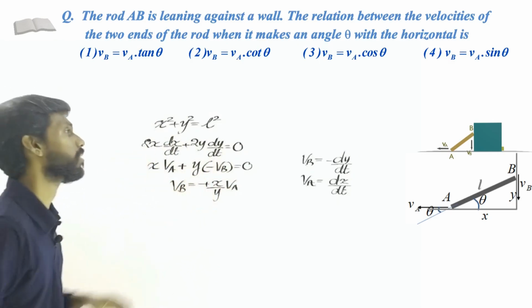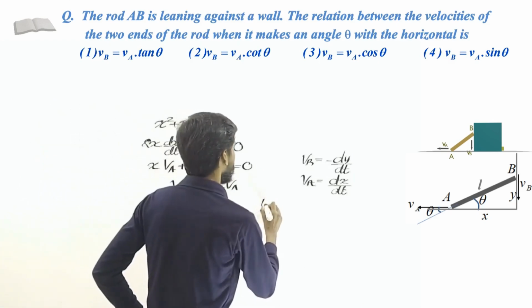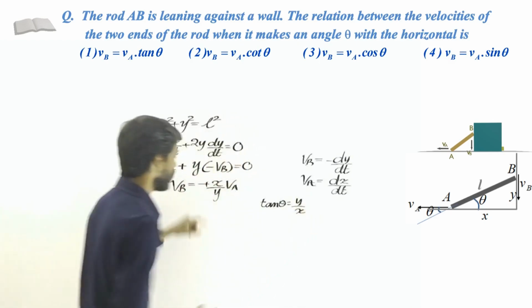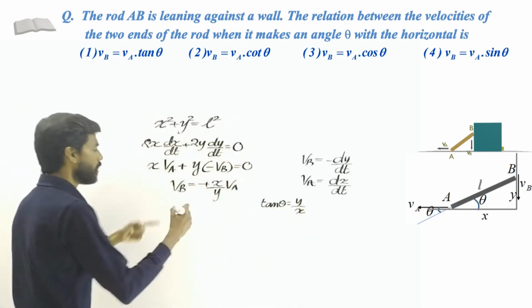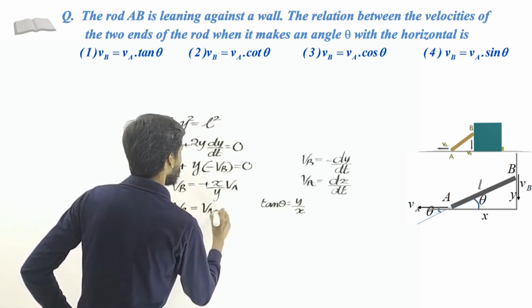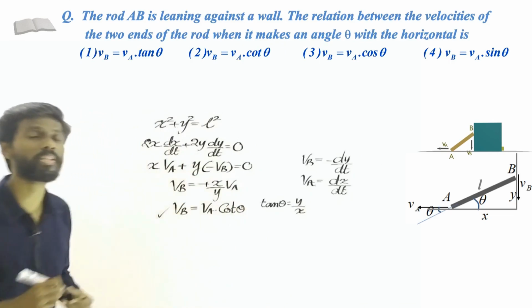If you take tan theta, that is opposite y divided by x, but here we have x divided by y, which is the reciprocal. So cot theta, and VB equals VA multiplied by cot theta. This is the relation between these two velocities.